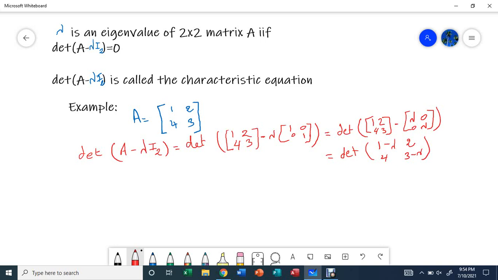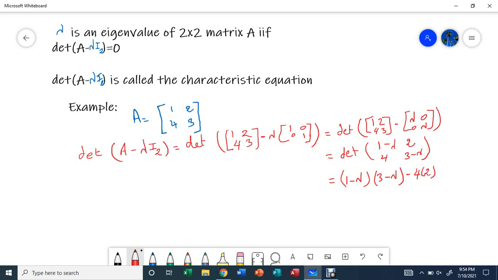And find the determinant of this. It's going to be 1 minus lambda times 3 minus lambda minus 4 times 2. So this is the characteristic equation.